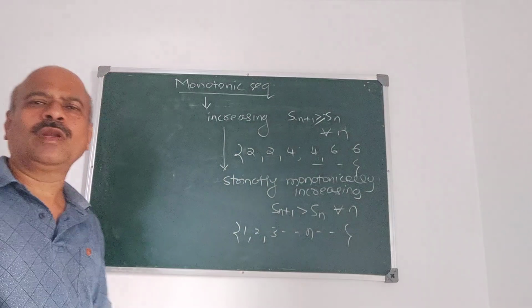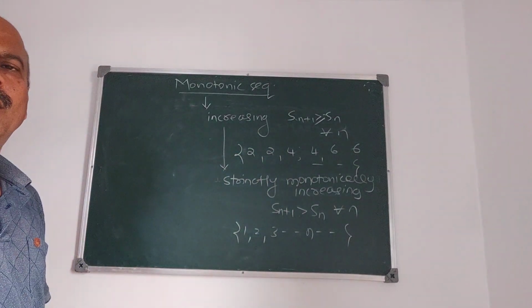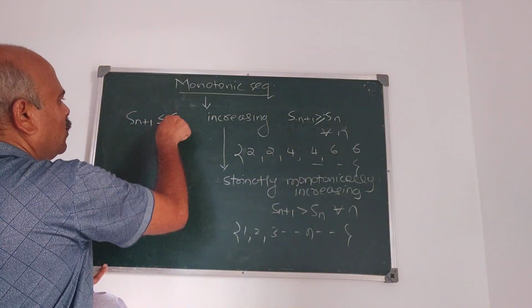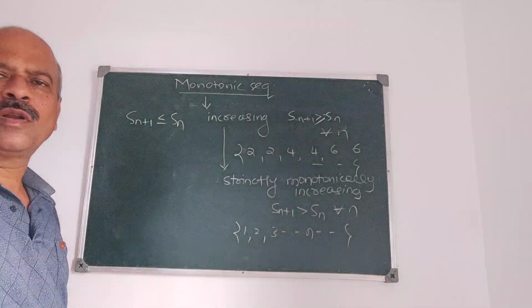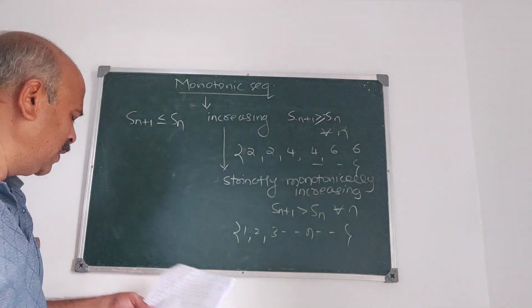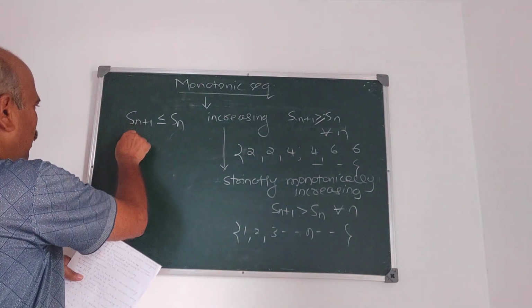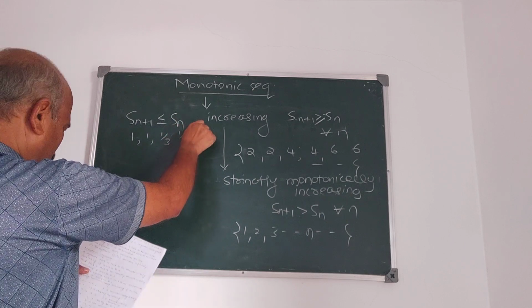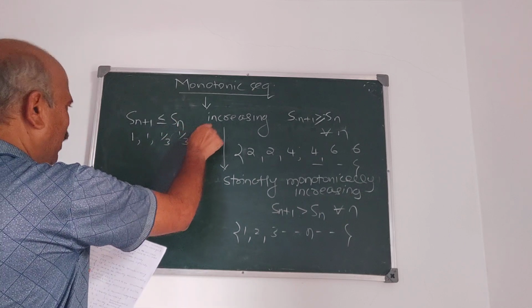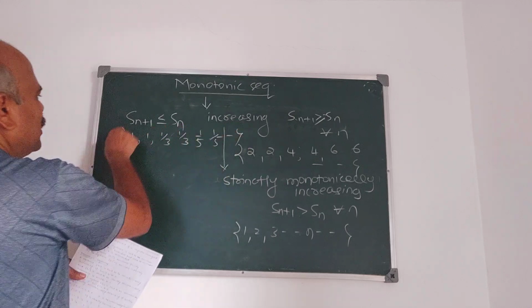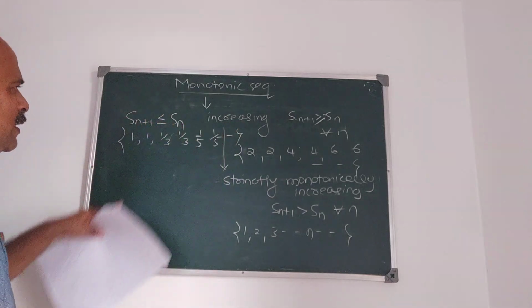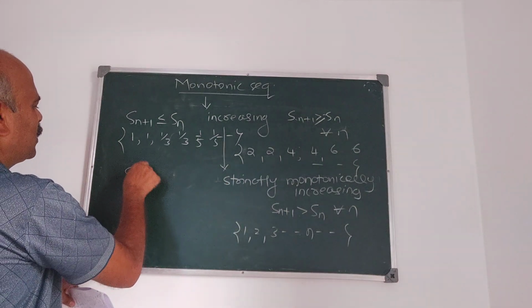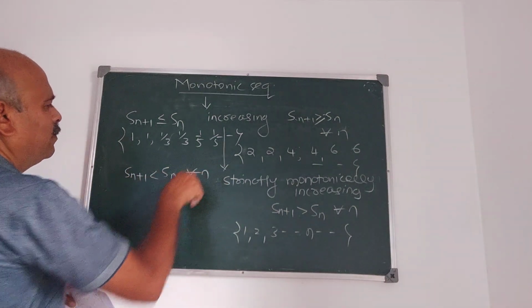Similarly, we define monotonically decreasing. What do you mean by monotonically decreasing? If sn plus 1 is less than or equal to sn, then it is said to be monotonically decreasing. What is the example? 1, 1, 1 by 3, 1 by 3, 1 by 5, 1 by 5, and so on. It is monotonically decreasing. And strictly monotonically decreasing is sn plus 1 is less than sn for all n.